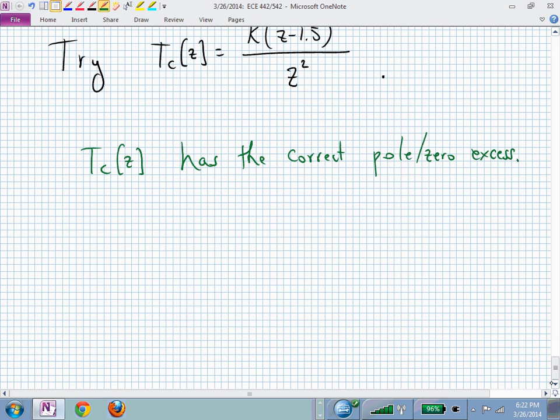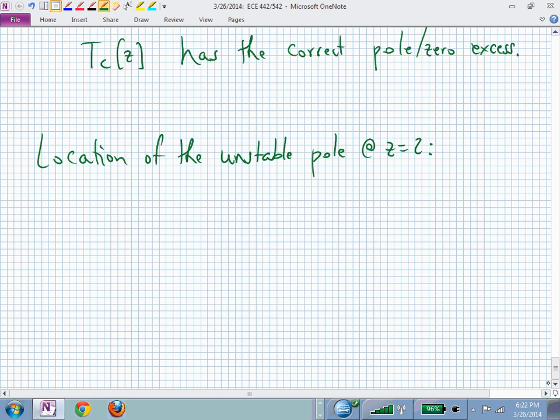So our location of the unstable pole at z equal 2 will allow us to say, oh, 1 minus t sub c of 2, which t sub c of 2 is k, 2 minus 1.5, since that was z minus 1.5.